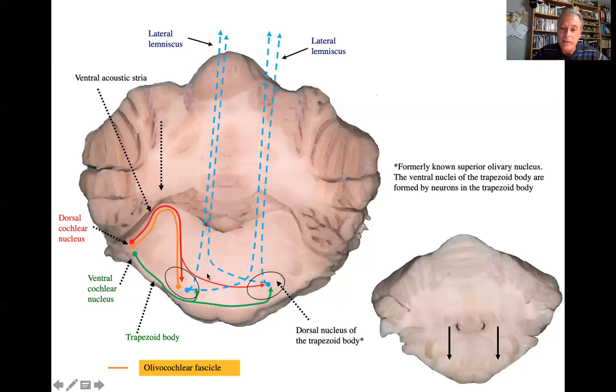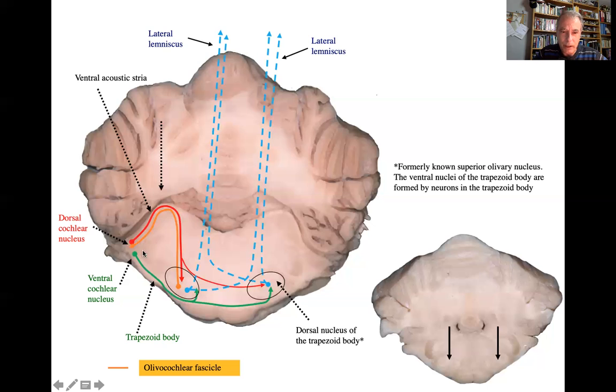Some fibers from the dorsal nucleus of the trapezoid body, what they do is they do the opposite. They run with the acoustic stria and they go to the ear. This is the olivocochlear fascicle. And this is to modulate the cochlea, right?